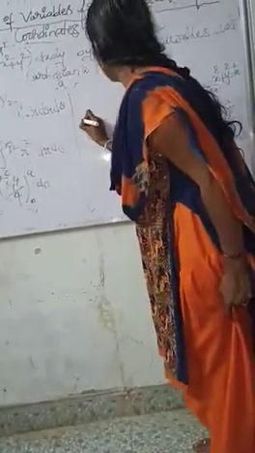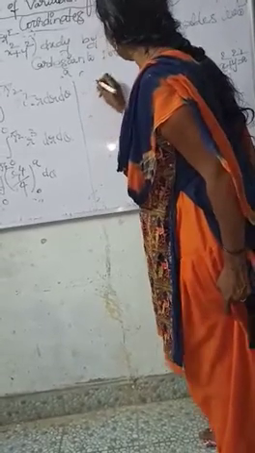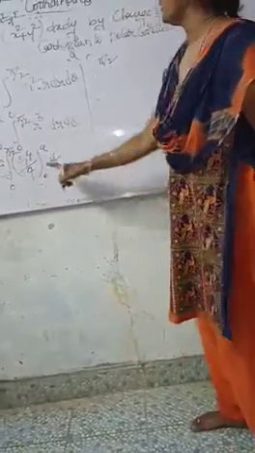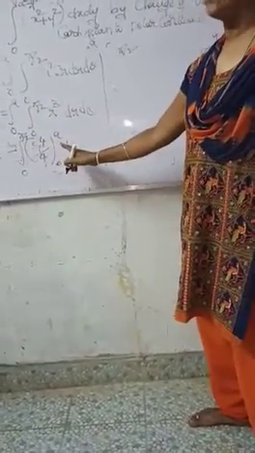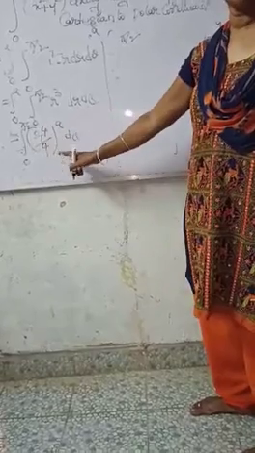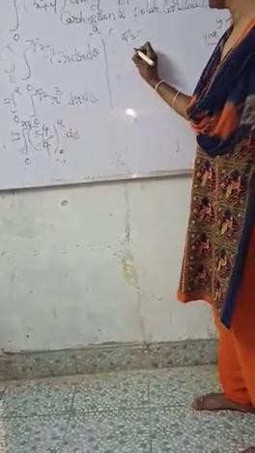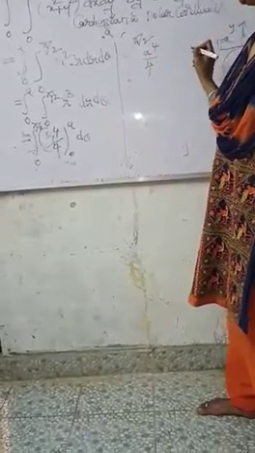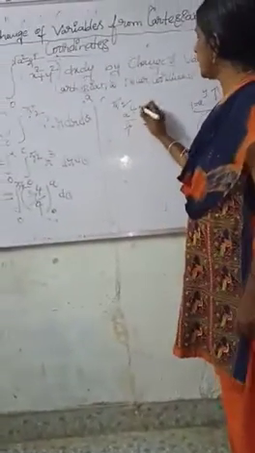Next, substitute the limits: in place of r put a. First substitute the upper limit and lower limit, therefore a power 4 by 4 into d theta.